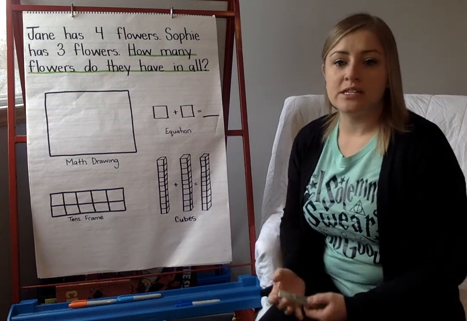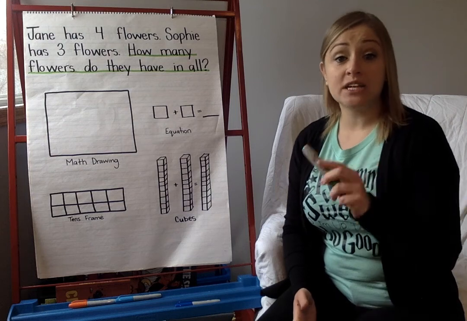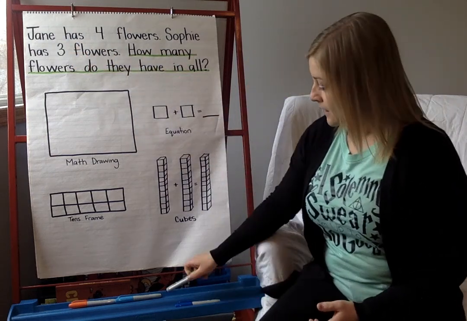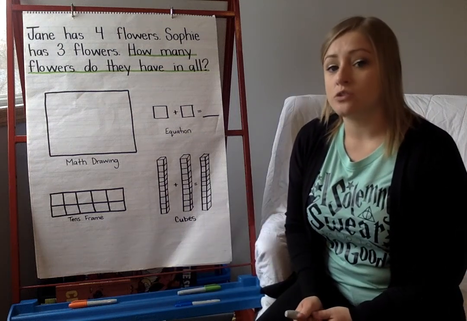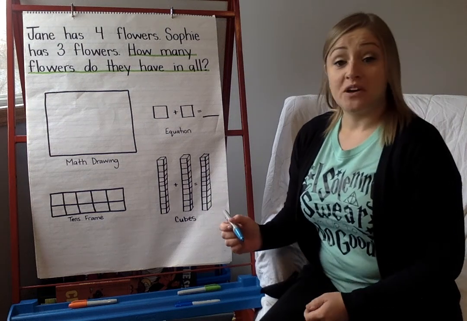So this question is asking us how many altogether flowers do Jane and Sophie have? So then we have to figure out what numbers we know already in our story problem. Jane has 4 flowers. There's 1.